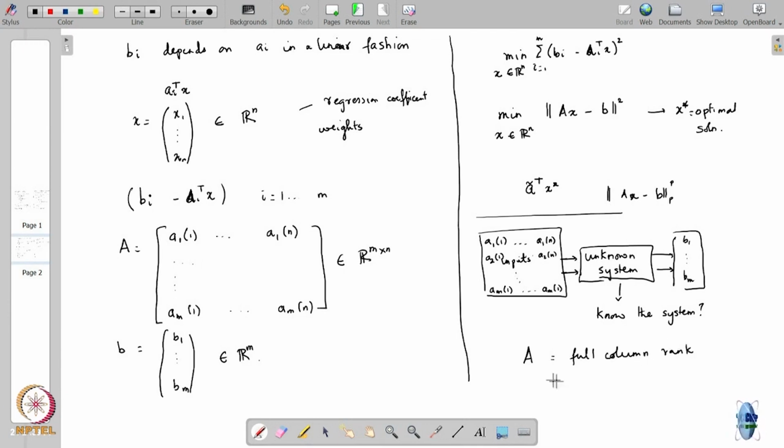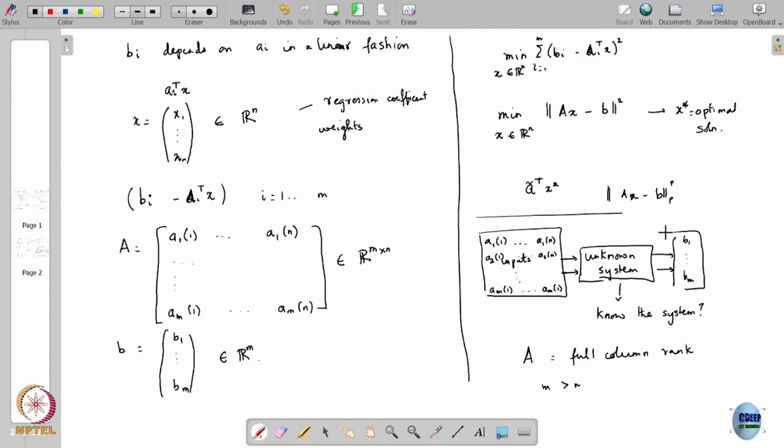One way that can be ensured is that if you are talking of a system and taking measurements, and you have provided m different inputs, meaning you are taking measurements m times of the system, that means the number of measurements is greater than n, which is the length of the input or the number of parameters that you are trying to fit. In that case, this can be solved very easily, and has a non-trivial solution.